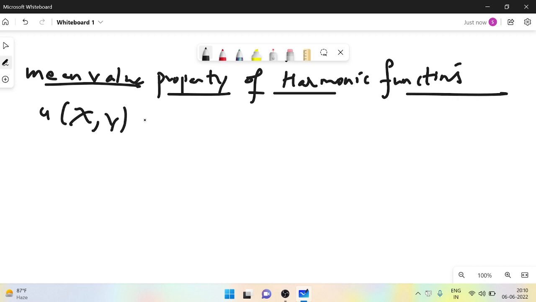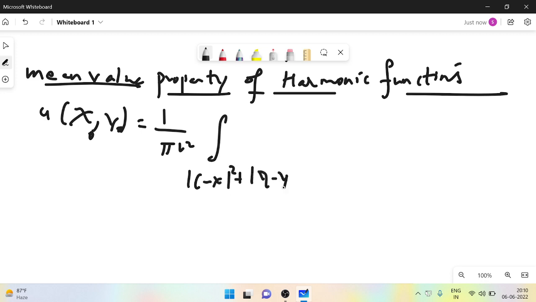So u of x comma y is equal to 1 by pi r square times the integral over the ball of radius r around (x naught, y naught), of u of epsilon comma eta. So what does this mean?